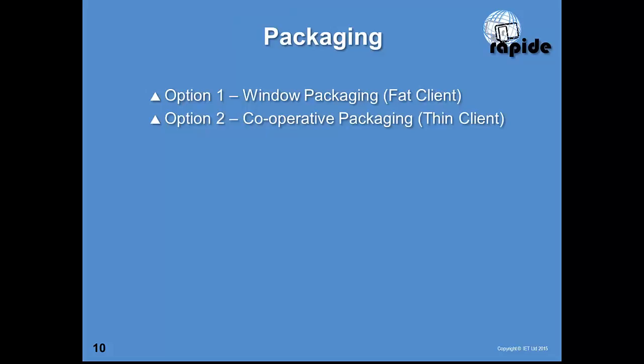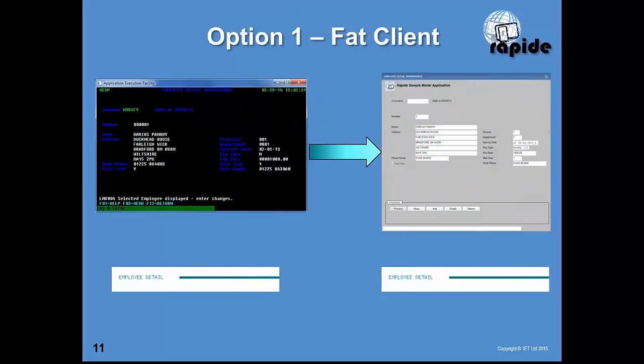For packaging, there are 2 options for packaging a block mode application with Rapide. One is to use window packaging, which you might sometimes call fat client, and the other is to use cooperative packaging, which may be sometimes called thin client. For fat client, the 3270 procedure step remains unchanged.